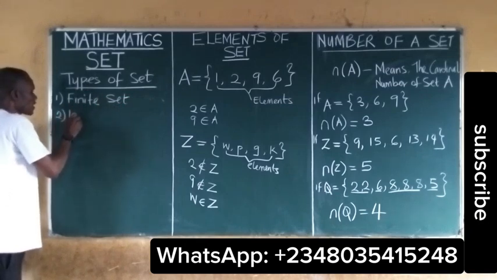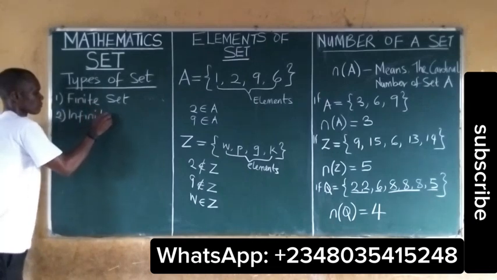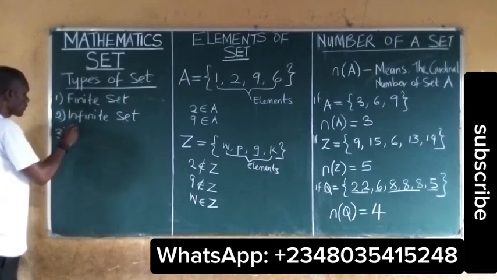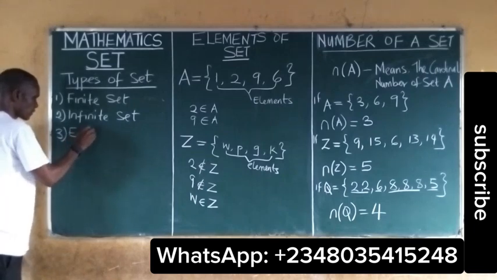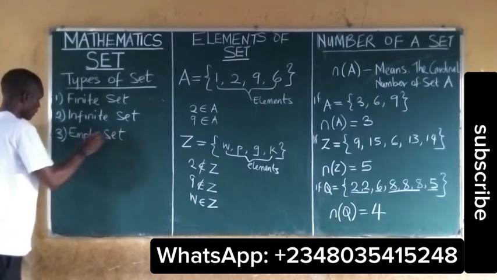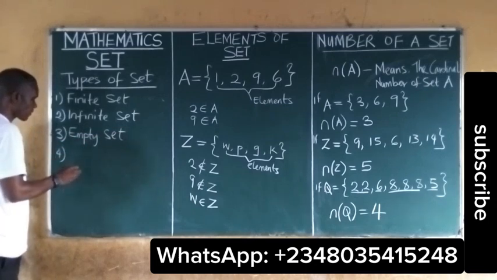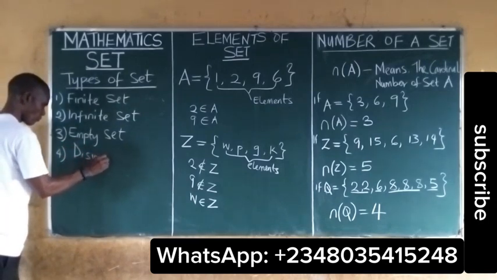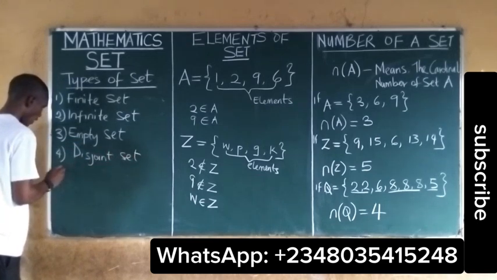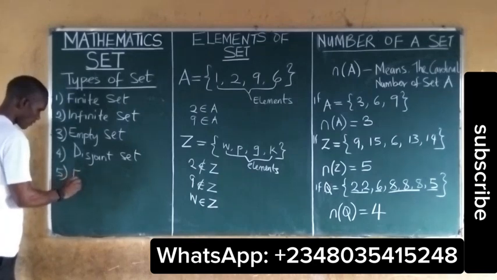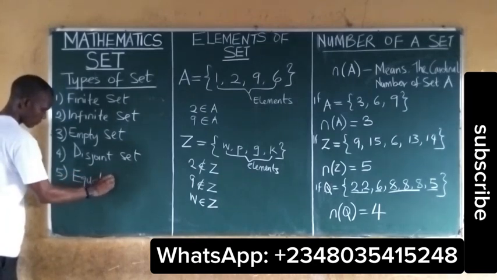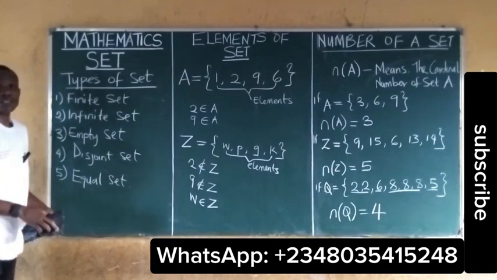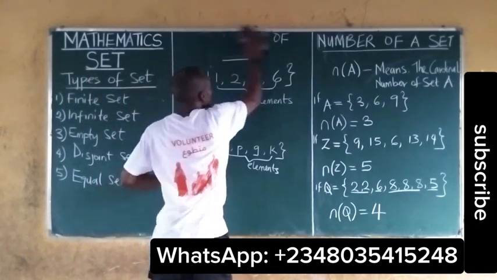Two, we have the infinite sets. Three, we have the empty sets. Four, we have the disjoint sets. And five, we have the equal sets. So these are the types of sets we have, and we'll talk about them one by one with simple examples.